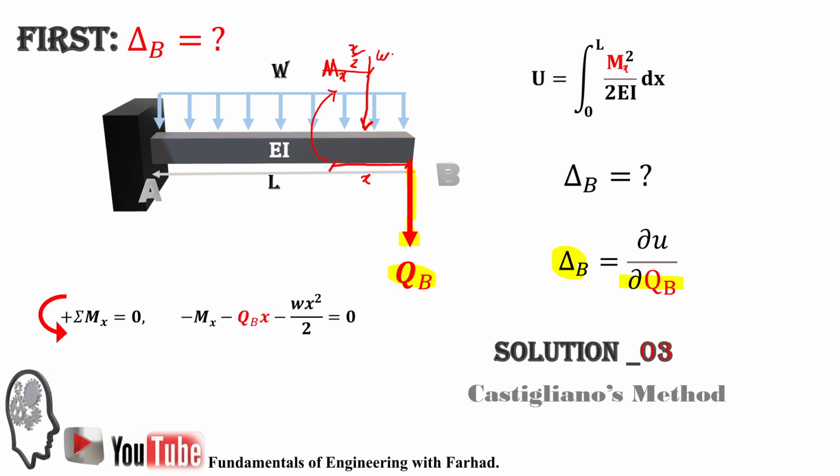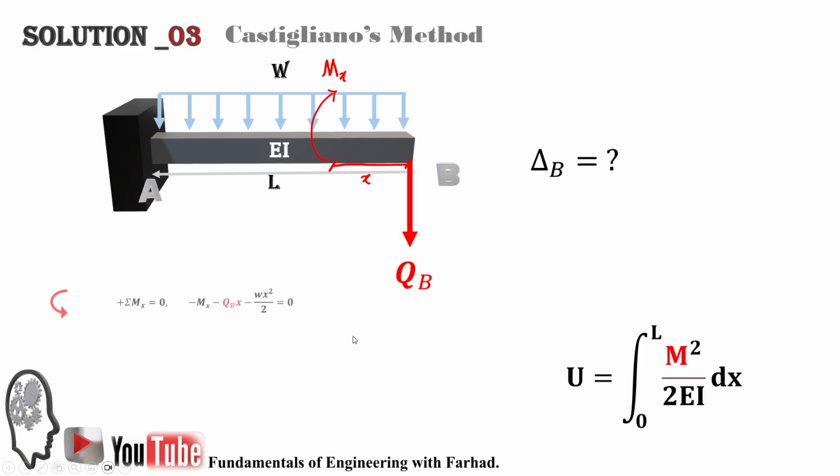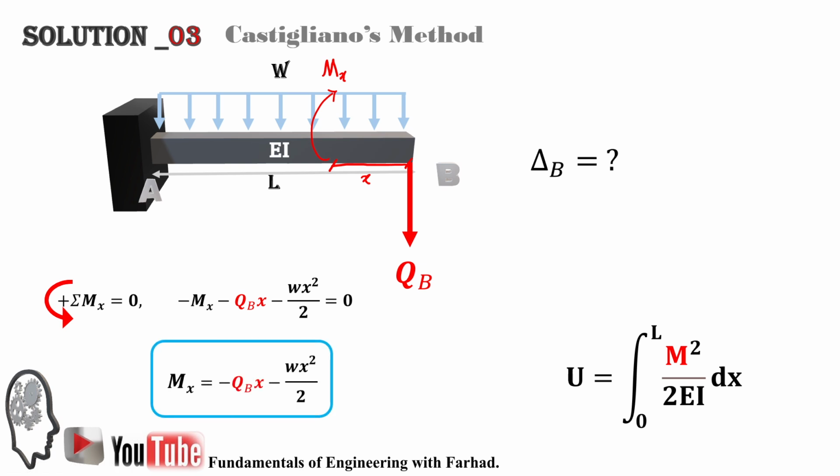Again, that's clockwise, which is why we use a negative W x squared over 2, equal to 0. It gives us our moment function: M sub x is equal to negative Q sub B times x, negative W x squared over 2.